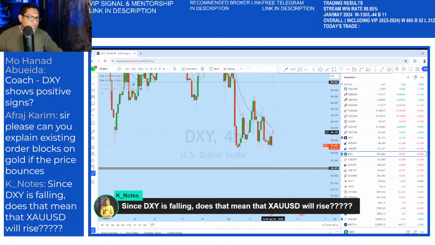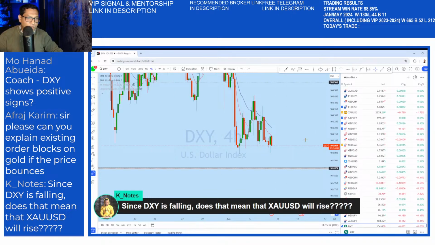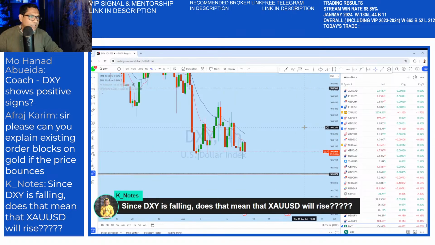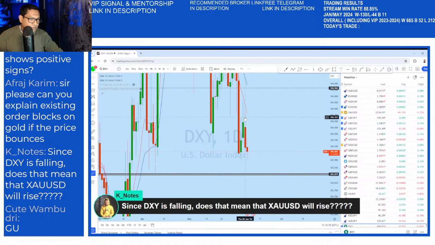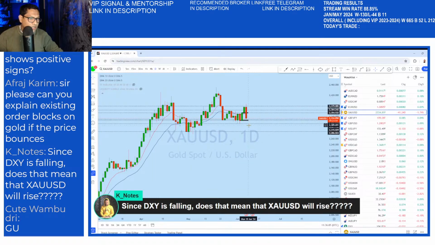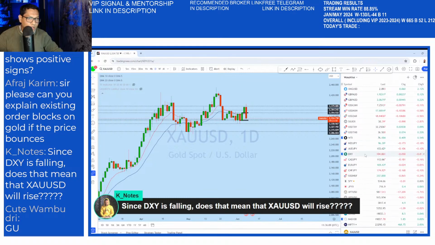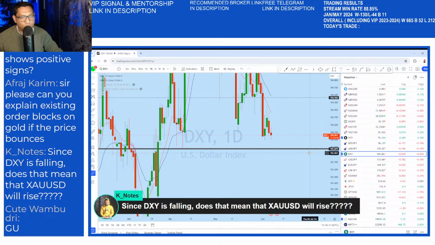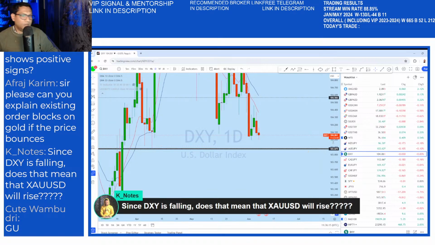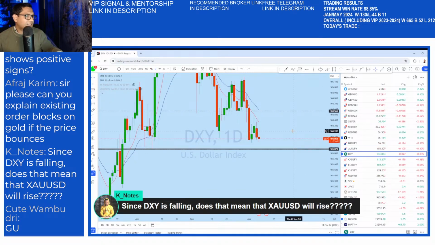So you see the DXY is dropping, gold is trying to bounce up, but at the same time, if you look at the trend on gold and DXY, we can see today there is a big, huge red drop on gold. And if you look at the DXY, we also see that it's bearish. So these days it doesn't reflect fully.